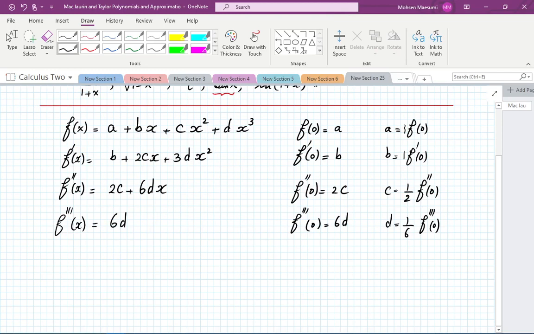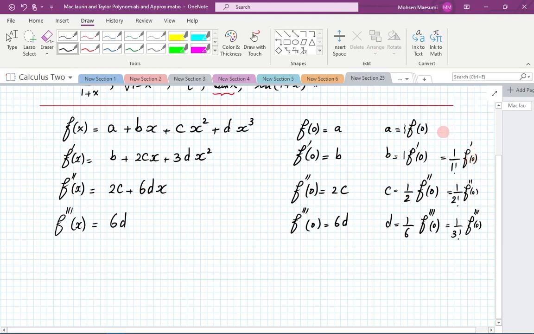So the numbers that we see here are really factorial numbers. So this magic number 6 is really 3 factorial, times f triple prime of 0. This is 2 factorial times f double prime 0, while 1 factorial is just 1.